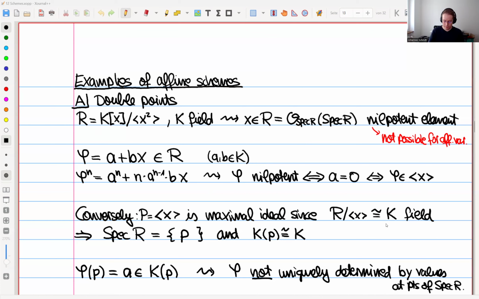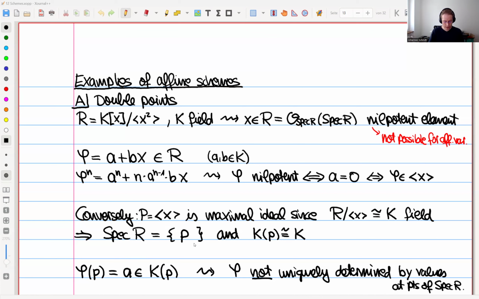We just get k back, but k was a field. And the quotient being a field is equivalent to this being maximal. So we have seen any prime ideal must contain x, and on the other hand, x is also a maximal ideal. And this shows it's actually the only prime ideal. So this is a single point set, and that's what we had already claimed before.